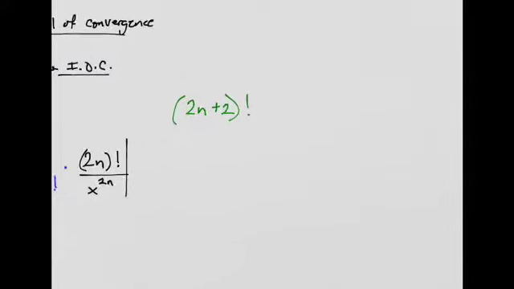So what the heck is this? Well, factorial means you're just taking this number and then multiplying by every number below that. So what I do is I just take this and subtract 1. So that's 2n plus 2 times, well, if I take away 1, 2n plus 2 minus 1 is just 2n plus 1.